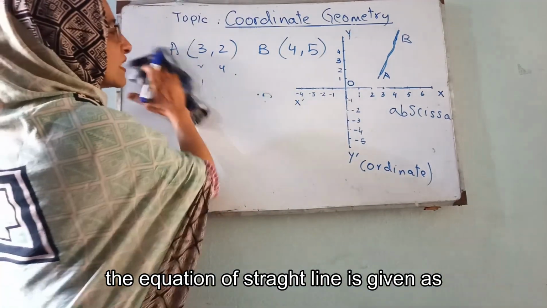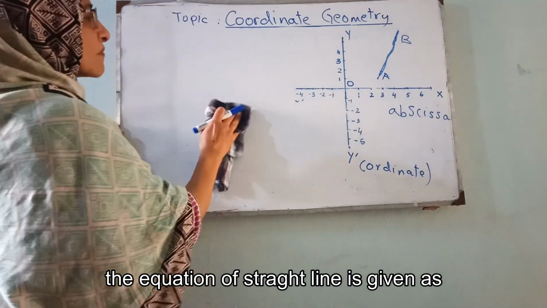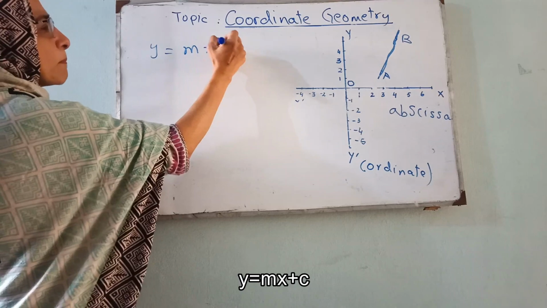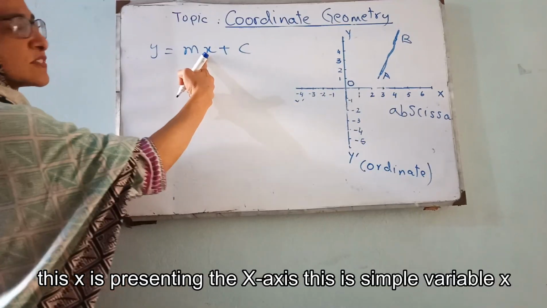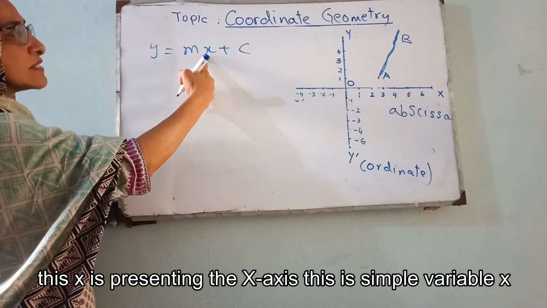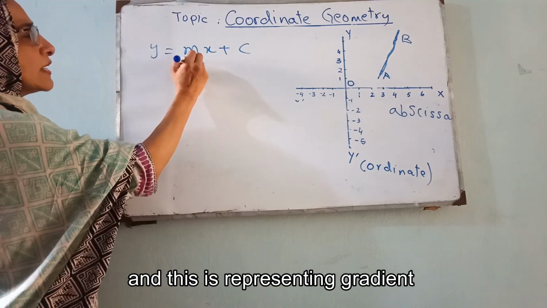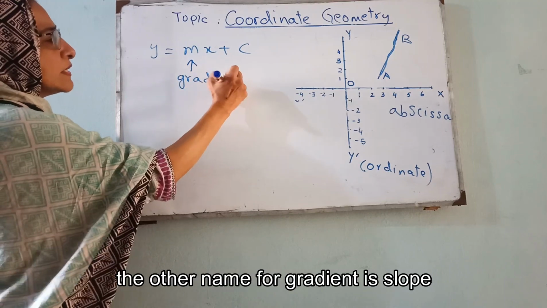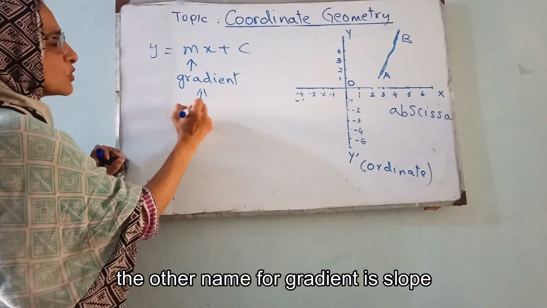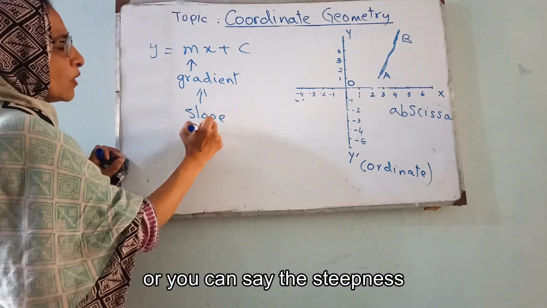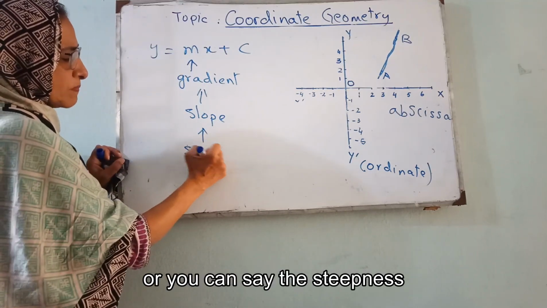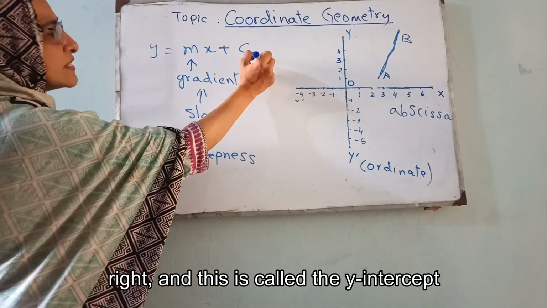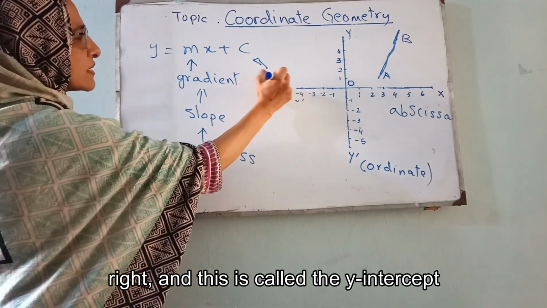The equation of the straight line is given as y is equal to mx plus c. This x is not representing the x-axis. This is a simple variable x, and m is representing the gradient. The other name for the gradient is slope, or you can say the steepness, right? And c is called the y-intercept.